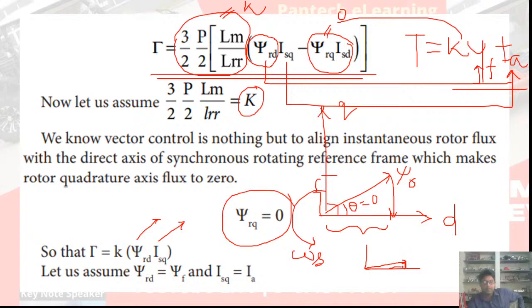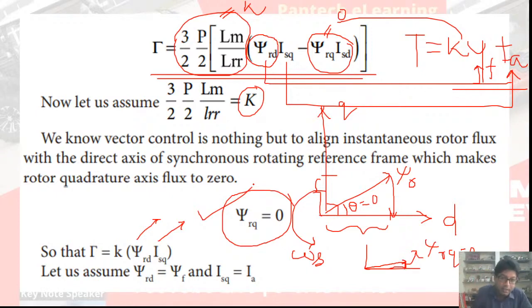Now again, if I align perfectly, my psi rq will become 0. Actually, vector control or field oriented control, for all machines, BLDC, synchronous machine also, is nothing but to make this psi rq 0 by some method.